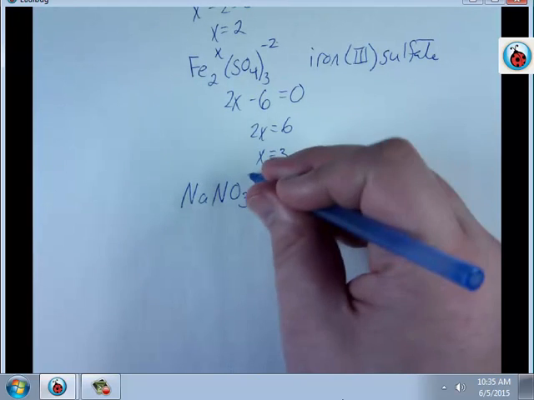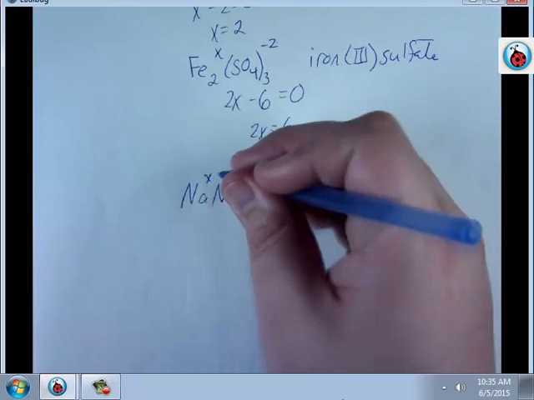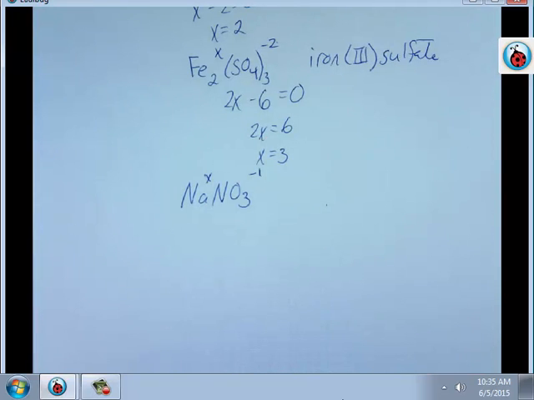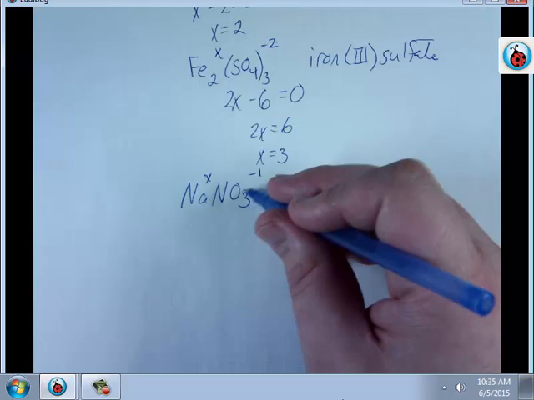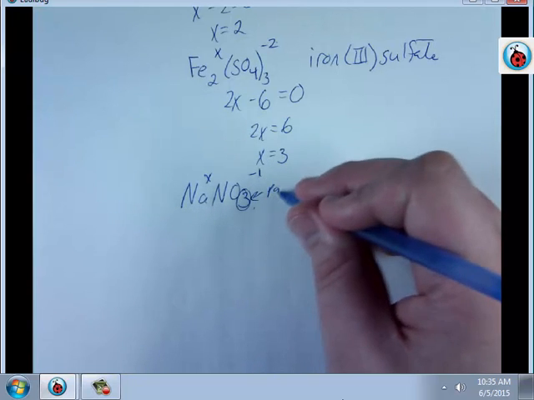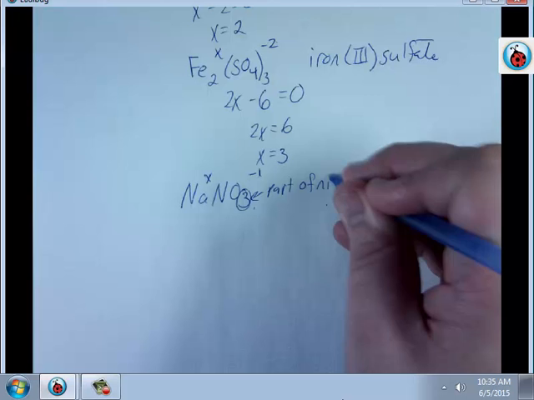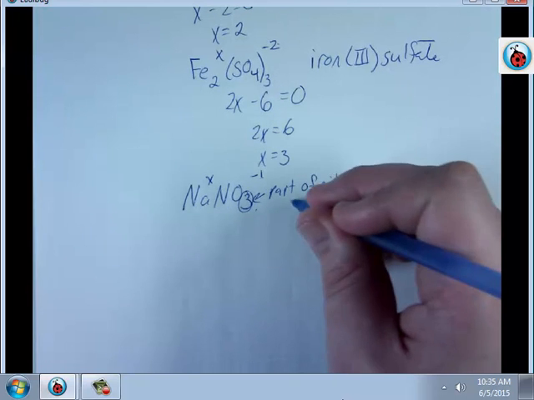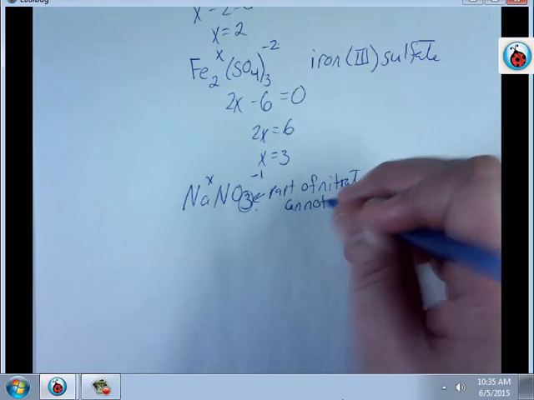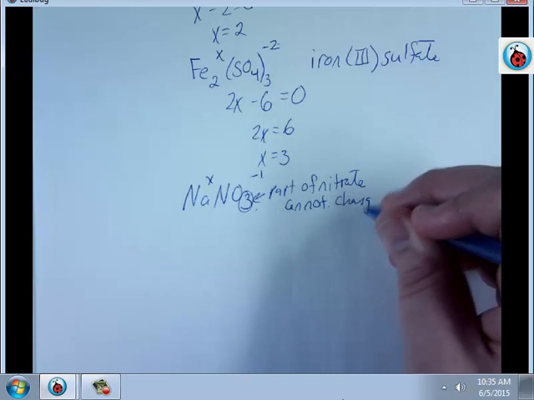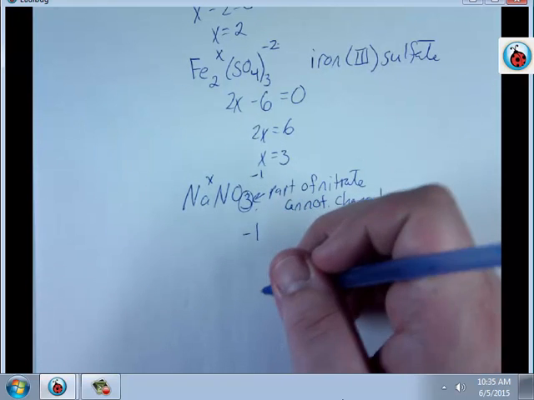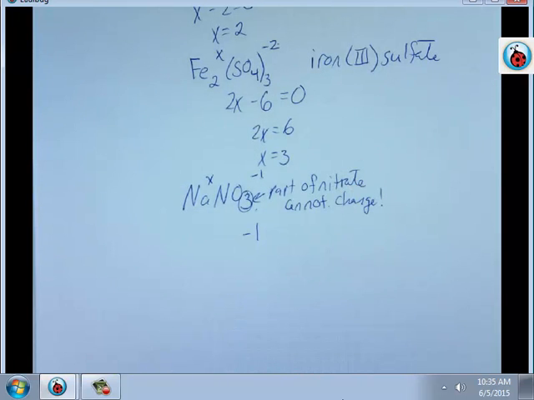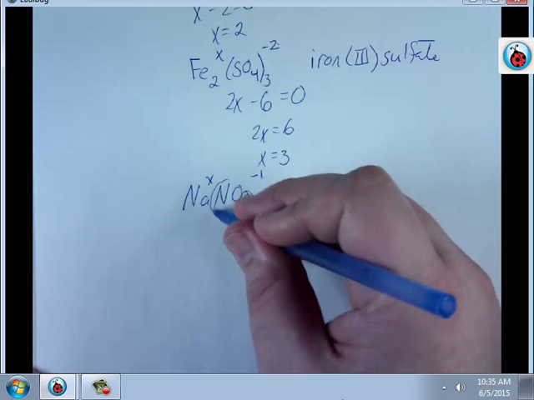I'm just doing this to continue the trend. When I multiply down now, I have to remember that this 3 is part of nitrate, and it cannot change. So when I multiply down, I only get -1. There's only one of them there. If it helps, throw the whole polyatomic ion in a circle for yourself, and know you can't touch anything inside of there.